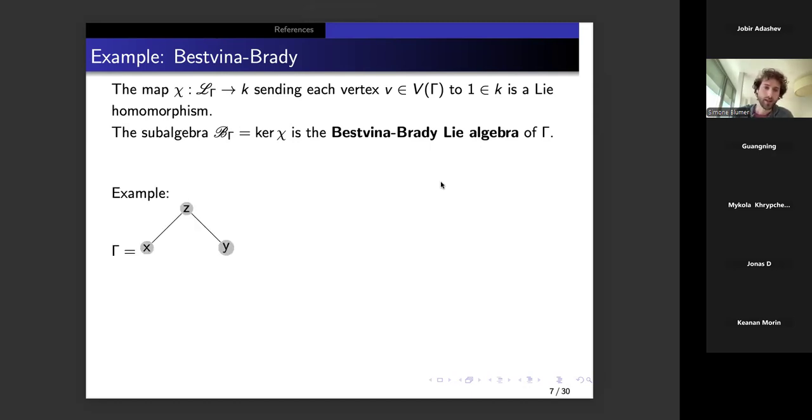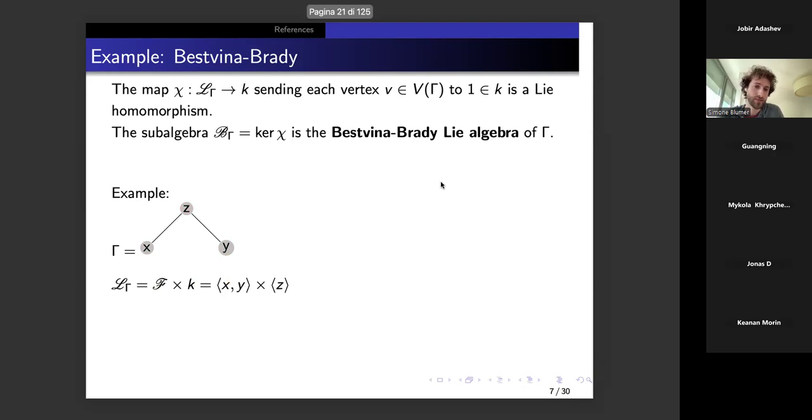Okay, so let's see an example. Here we have a graph that is neither discrete nor complete. So the associated right-angled Artin Lie algebra will not be free nor abelian. In fact, it has a free factor and it has a central element Z. So we get that the right-angled Artin Lie algebra is a direct product of a free Lie algebra with an abelian Lie algebra.